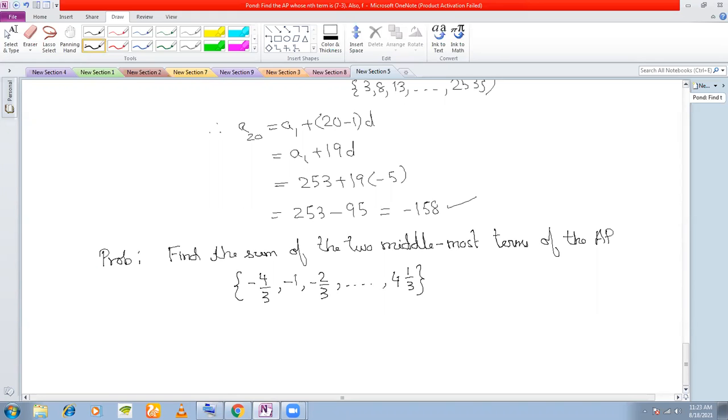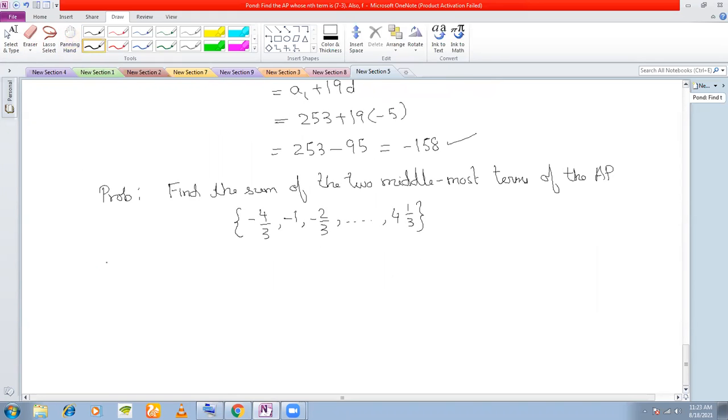Now see, in this problem, the interesting thing is I don't know how many terms are there in this AP, right? So the given AP is minus 4 by 3, minus 1, minus 2/3 up till 4 1 by 3. Do I know how many terms are there?